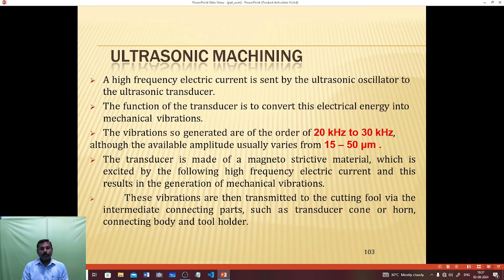The transducer is made of a magnetostrictive material which is excited by the high frequency electric current, and this results in the generation of mechanical vibrations. These vibrations are then transmitted to the cutting tool through intermediate connecting parts, such as the transducer cone or horn, connecting body and tool holders.